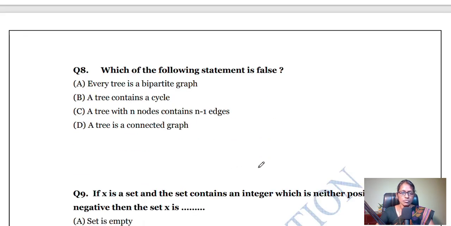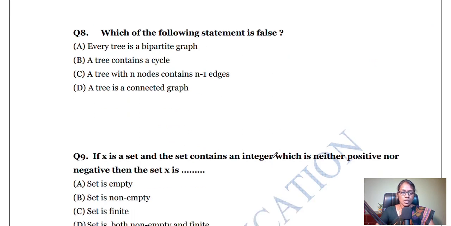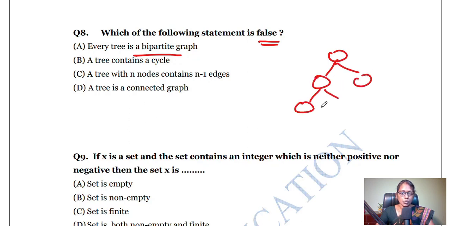The next question: which of the following statements is false? The first one is every tree is a bifurcate graph. Bifurcate graph means you divide it by 2, 2, 2. So this is called a tree structure. Does a tree contain a cycle?